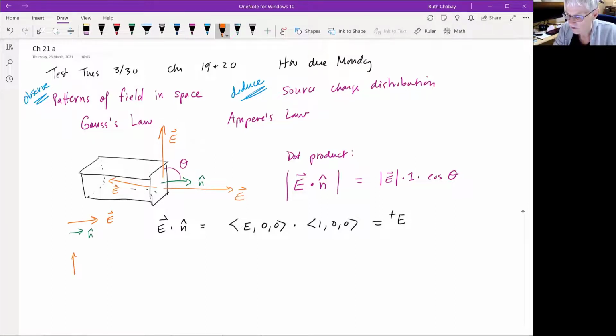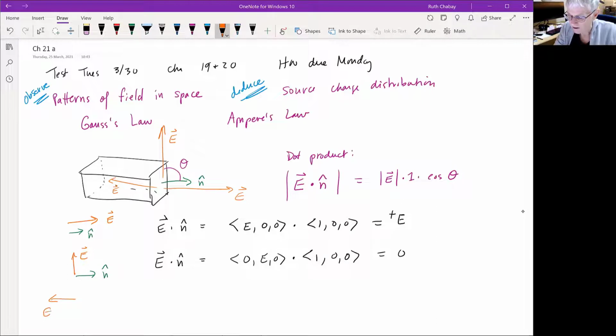If there's a right angle, then we'd get E dot n hat is (0, E, 0) dot (1, 0, 0), and that's 0.